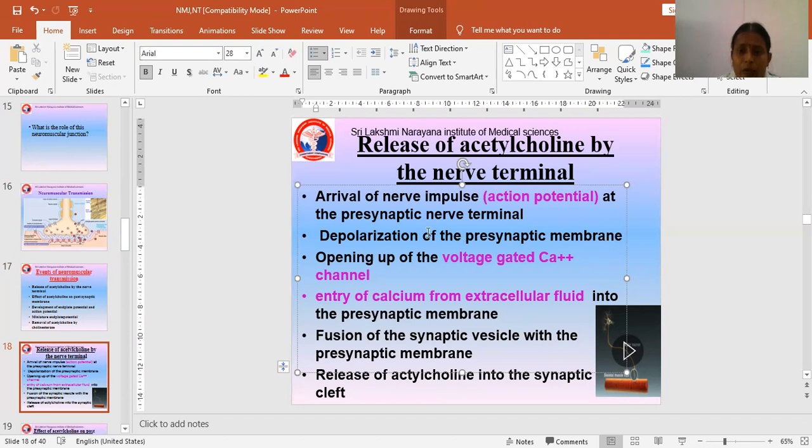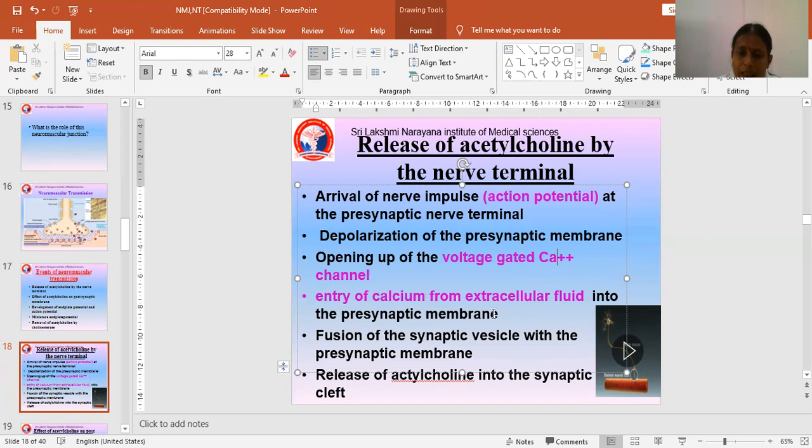This leads to opening of the voltage gated calcium channels. So calcium ions enter from the extracellular fluid surrounding the nerve terminal into the terminal button.